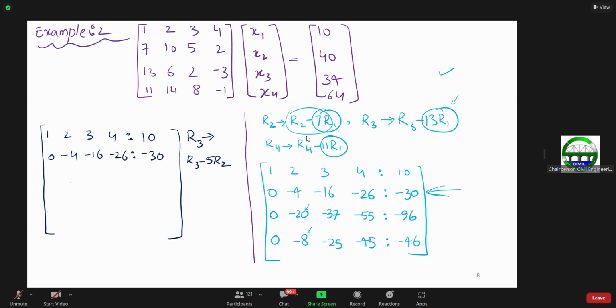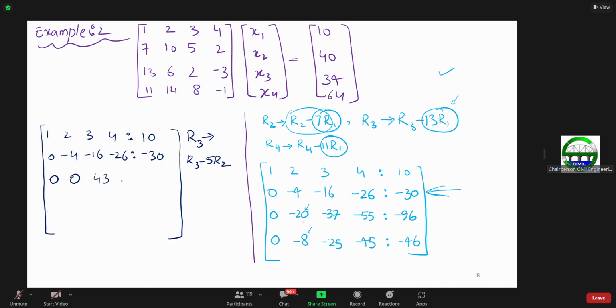Okay, then R3 will be R3. This one 0 minus 0 will be 0, and this one will be 0 as well, right? Both will be 0. And what is the next in here? 43, correct.